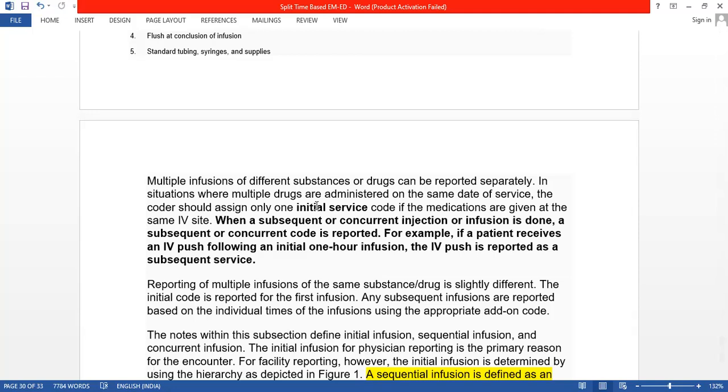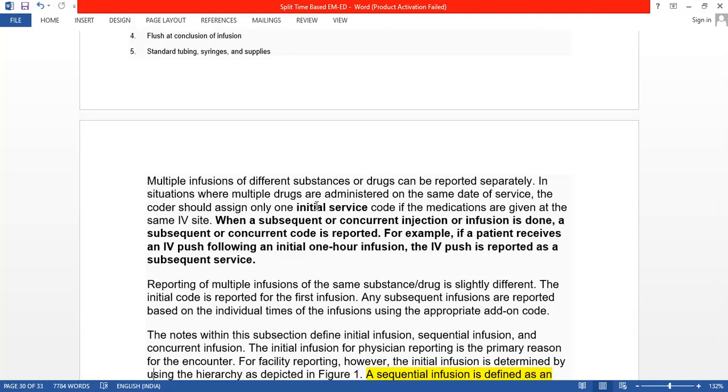For example, you have an infusion, IV push, injection, and hydration. First, you have to give priority to the infusion. If your report does not show any infusion, and says that in the ED facility one IV push, one injection, and one hydration were given, then your initial will be the IV push CPT.